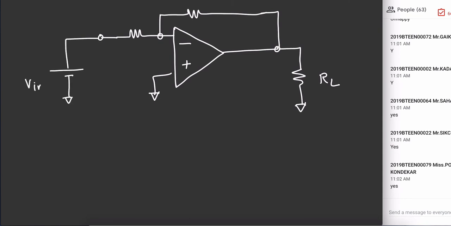So V input is a battery, R1 is there, R2 is there. Values are given 5K, 1K, then RL is given to be suppose 10K. Then what you have to find out is this current, that is current through R1.